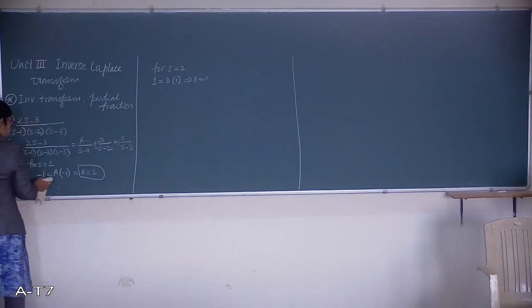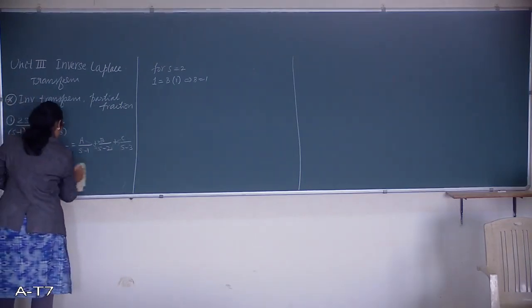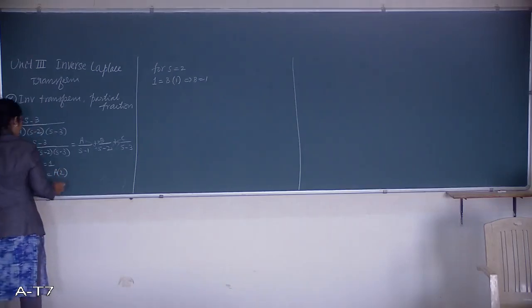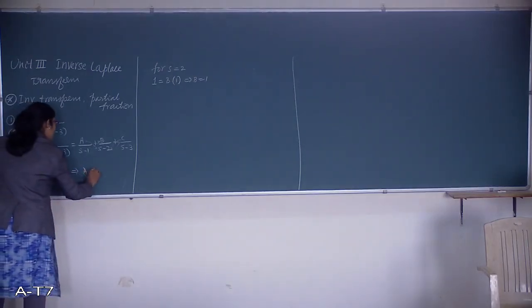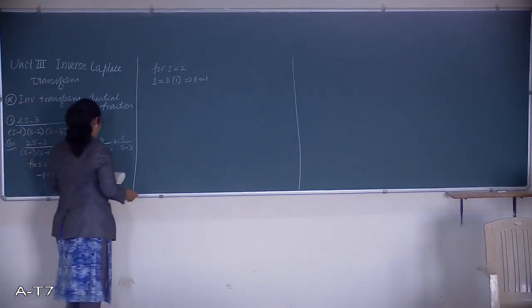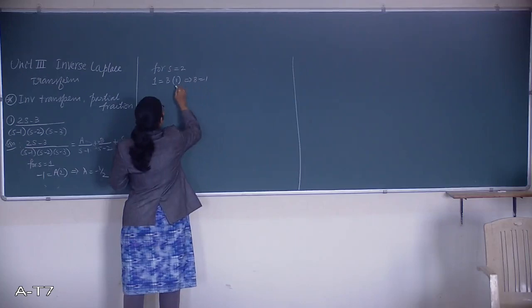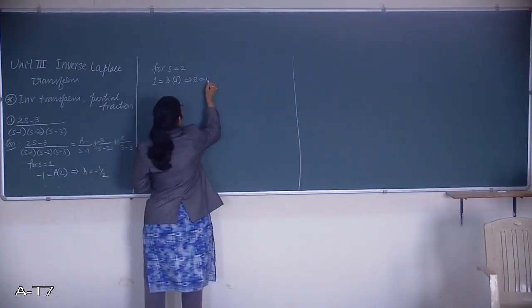For s equal to 1, we get A equal to minus half, and for s equal to 2 we get B equal to minus 1.